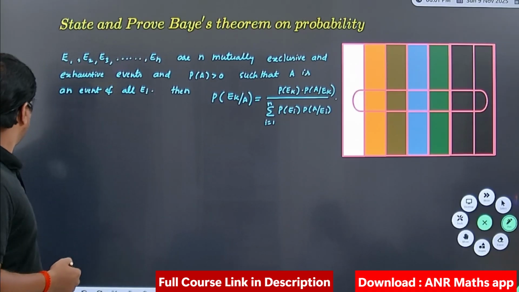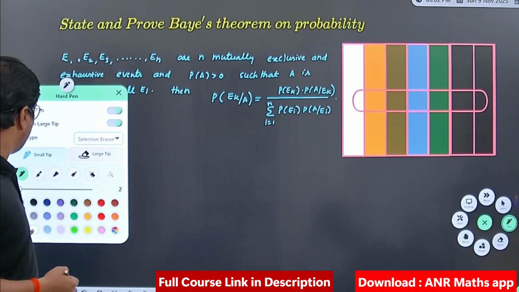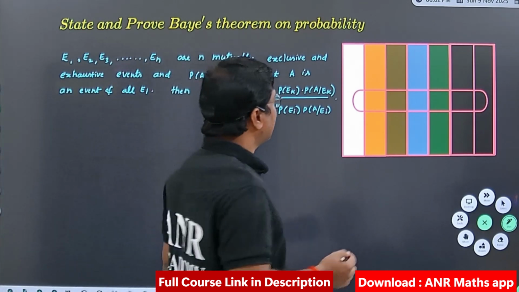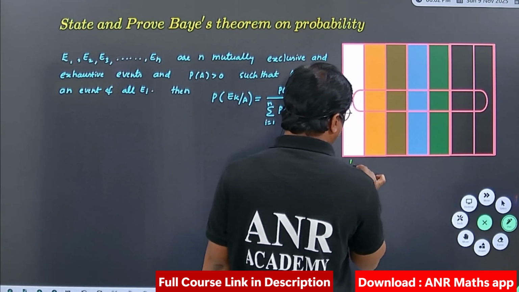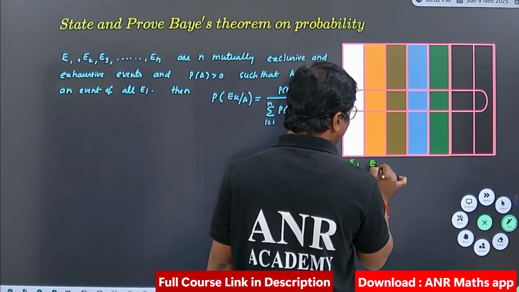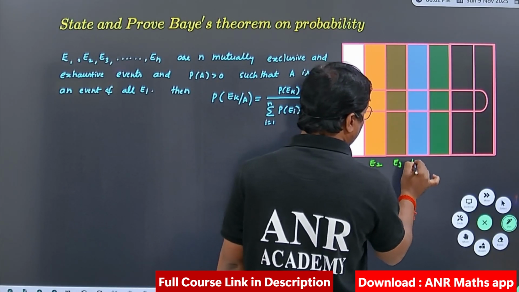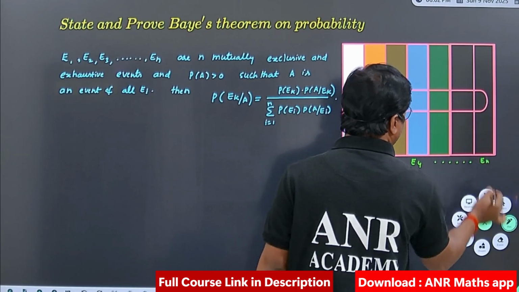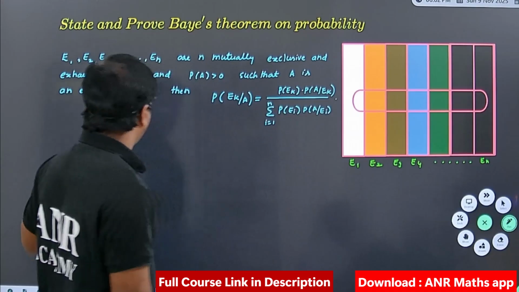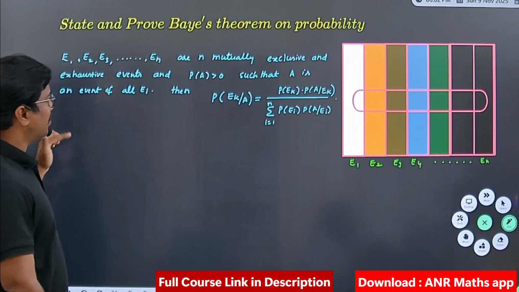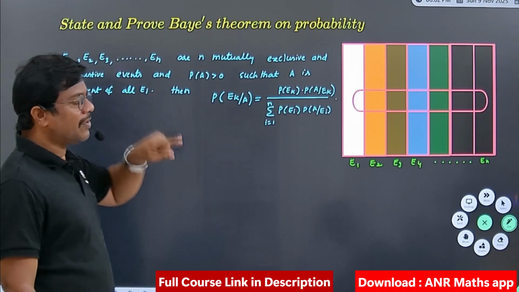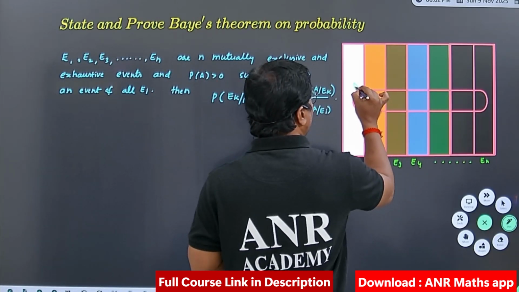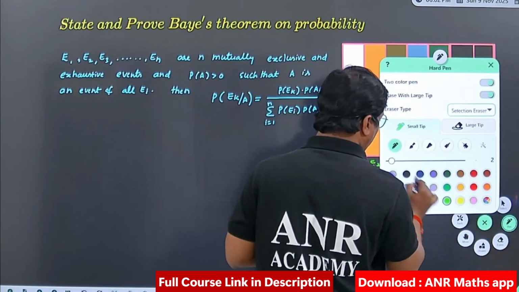See here, E1, E2, E3 and so on En are n mutually exclusive and exhaustive events. Here the figure indicates event 1, event 2, event 3, event 4 and so on. This is the last event En. And probability of A is more than 0, such that A is an event of all Ei, is given.